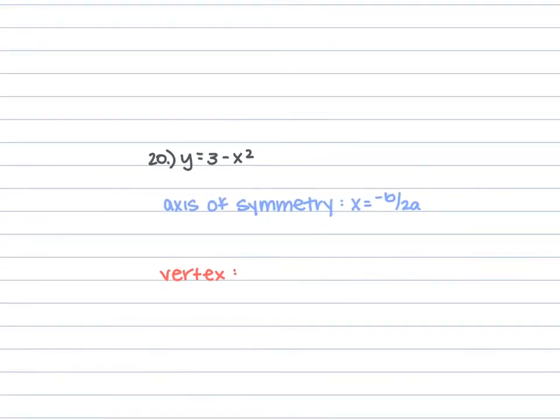For 20, we have y is equal to 3 minus x squared, so our a is negative 1, our b is 0, and our c is 3. So x is equal to 0, our vertex is going to be 0, 3, and then we have a maximum value at 3.